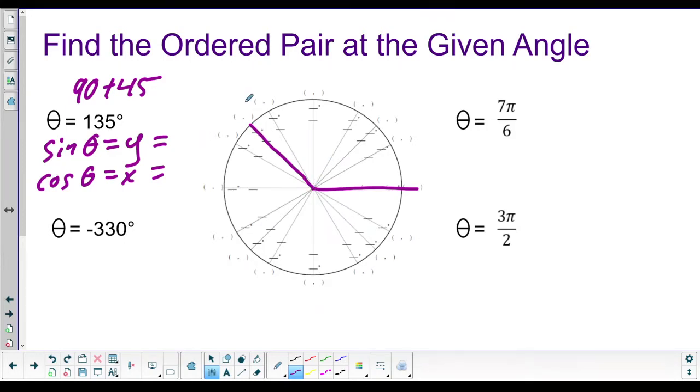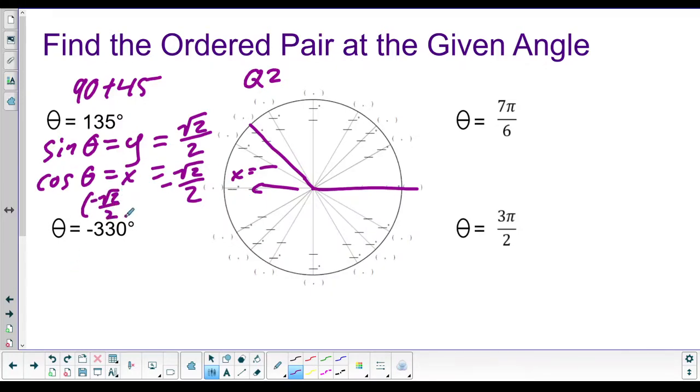Because it's one of the middle ones, we know it is going to be a radical 2 over 2 and a radical 2 over 2. And then because we are in quadrant 2, we have gone left, which means x is negative. So our cosine is going to be negative radical 2 over 2. Okay. So our ordered pair is negative radical 2 over 2, radical 2 over 2. Okay.